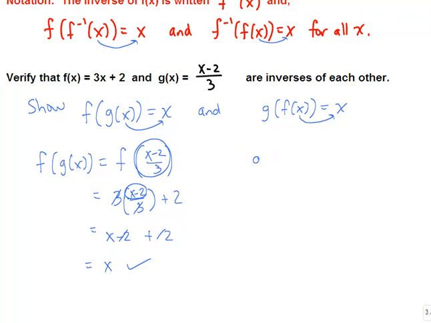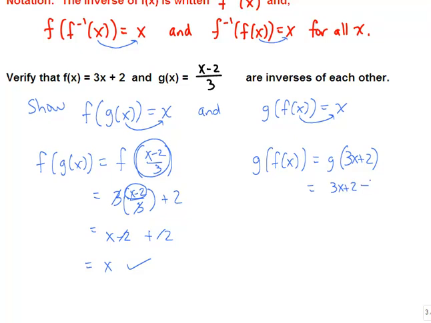Now we just have to show it in the other direction. So this time we're going to start with f and plug that into g. So the rule for f was 3x plus 2, and now we're going to input that into g. The rule for g says take whatever your input is, subtract 2 from it, and then divide all of that by 3. So here's my input, 3x plus 2.